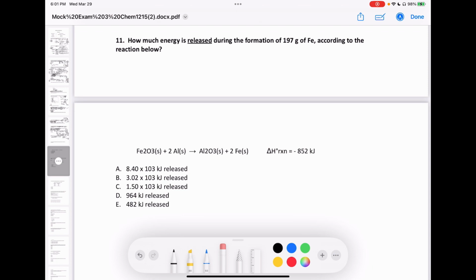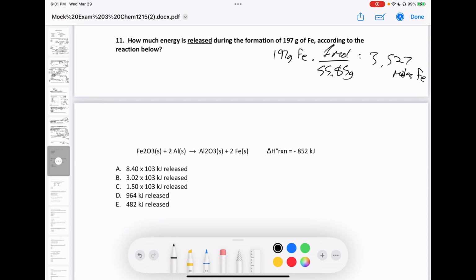Remember, to convert to moles, you divide by molar mass. The molar mass of iron is 55.85 grams per 1 mole, which gives us 3.527 moles of iron.